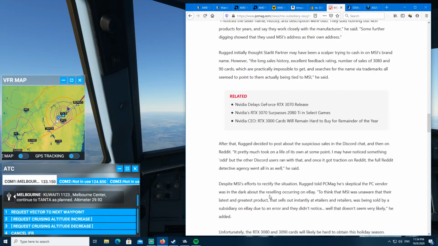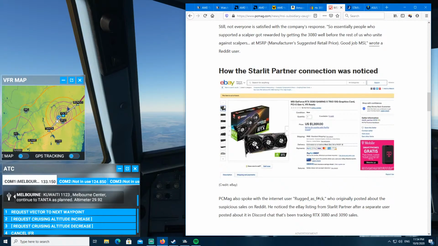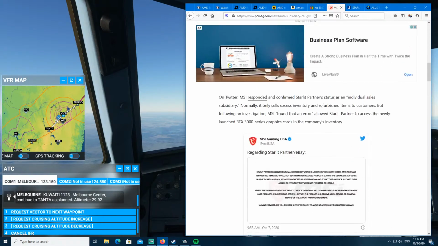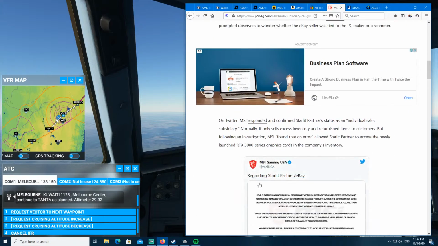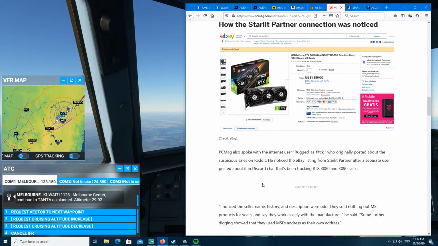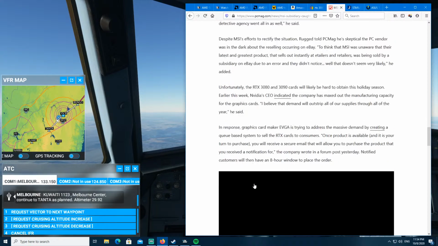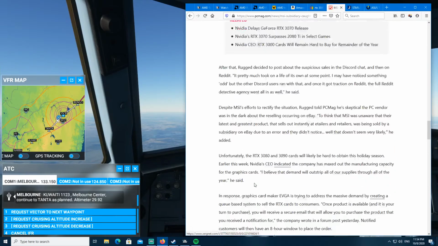It's the same brand, the MSI Gaming X Trio. Oh, a 3090 and a 3080. Okay, that makes sense. Wow, they just scalped the two types of cards. Oh well.